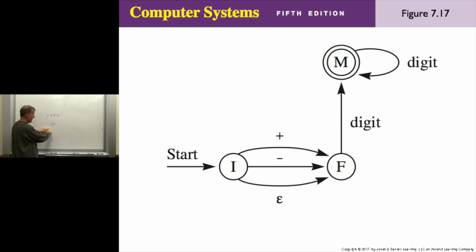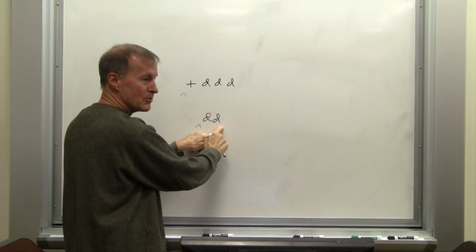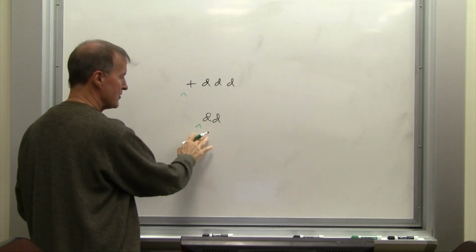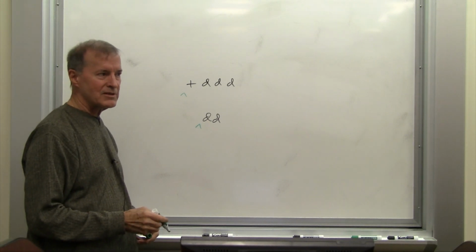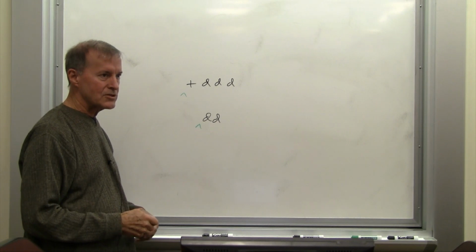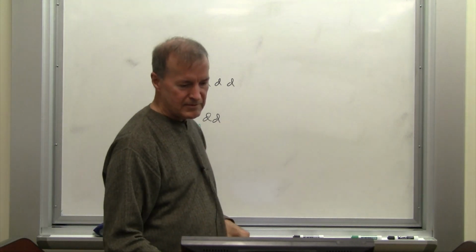We're in F, and this D would take us to M, and then this D would keep us in M, and then we'd be finished with our scan, and we'd be in a final state, and so this is valid. Now, are we good with this? Is that how the mechanics of a finite state machine work? Any questions? Good? All right.